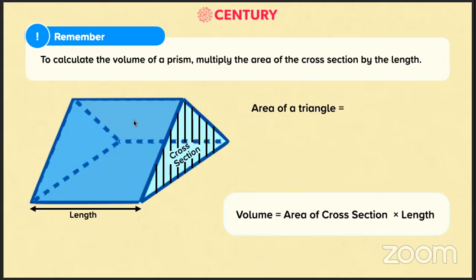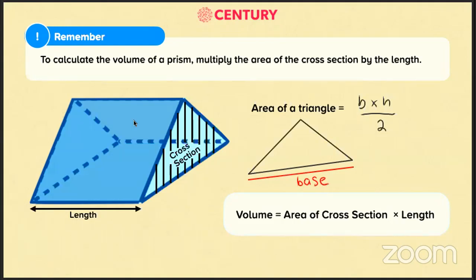The formula for the area of a triangle is given by base times height divided by 2. Now, what does that actually mean? If I just draw a general triangle over here, the base is going to be the length of one of the sides. So if I call this one the base, there we go, base, the height must be at a right angle to the base.